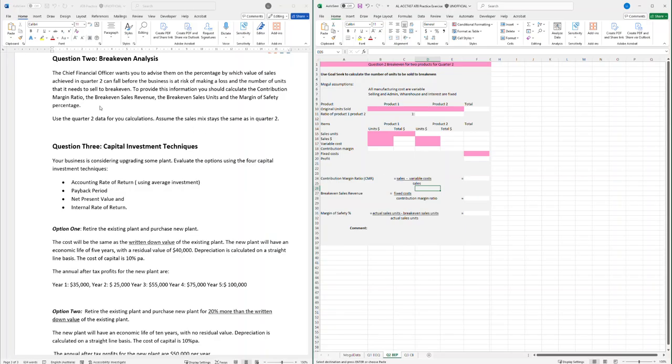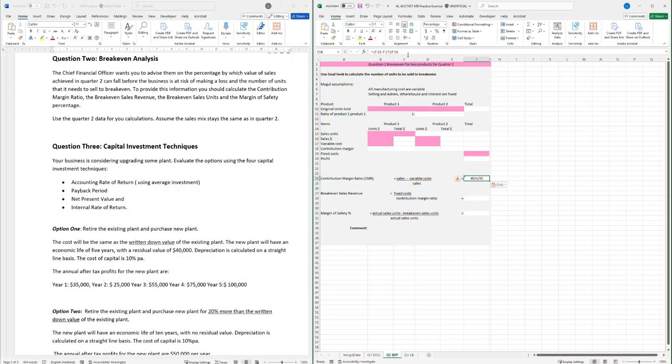And so, break-even revenue, also the margin of safety percentage, and use the quarter 2 data for your calculation. Assume the sales mix stays the same as quarter 2. Okay, so why don't we start with one? To start with, I reckon we can put in the formula before plugging in the numbers.